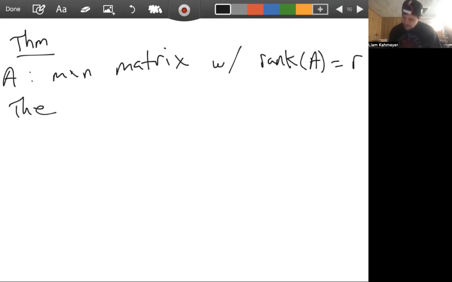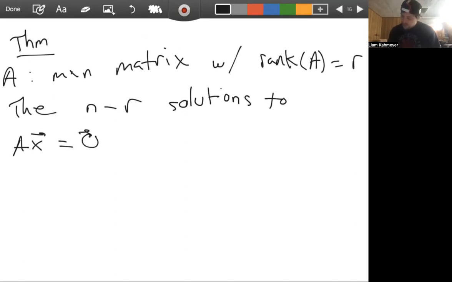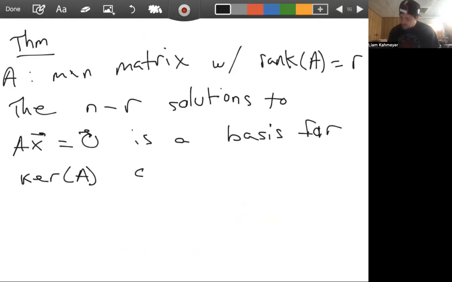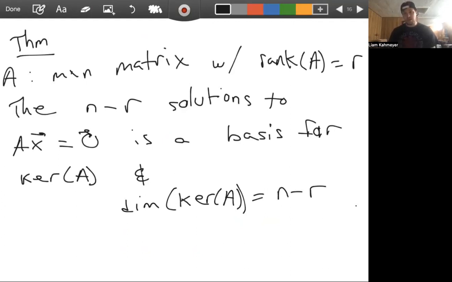Then the n minus r solutions to Ax equals 0 are a basis for the null space or the kernel of A. And moreover, the dimension of the kernel of the matrix A is n minus r.